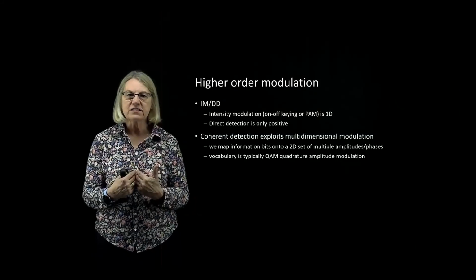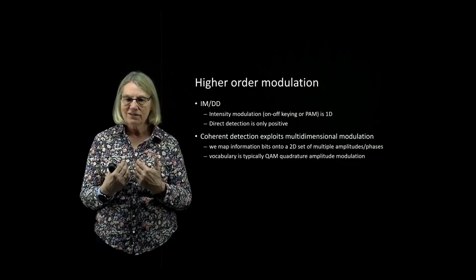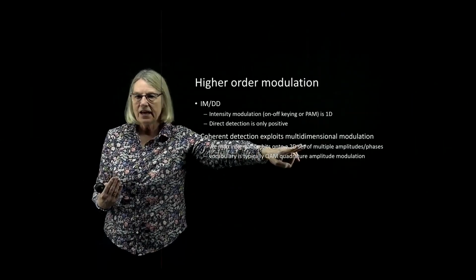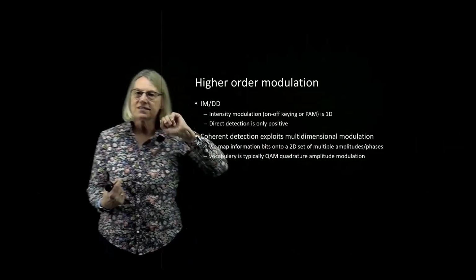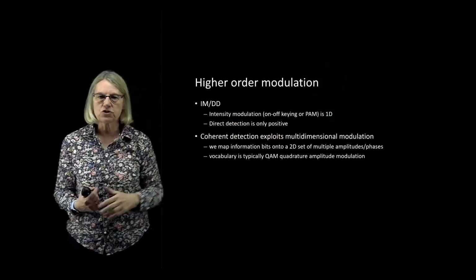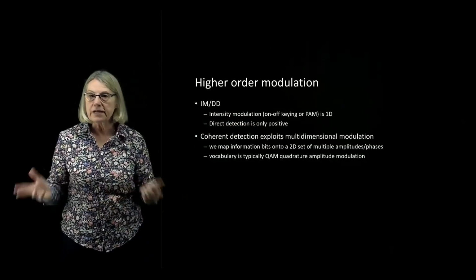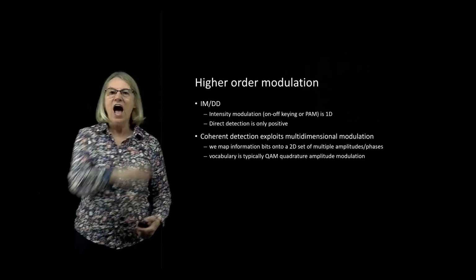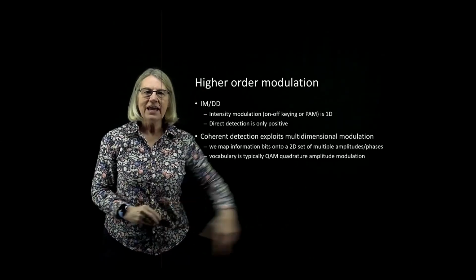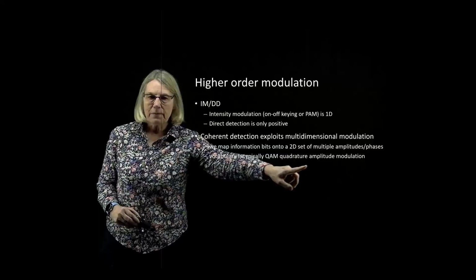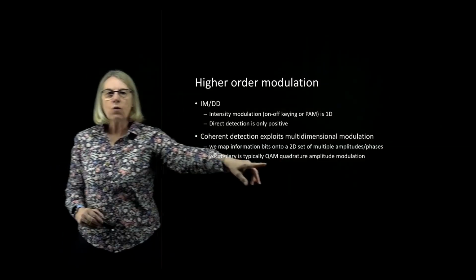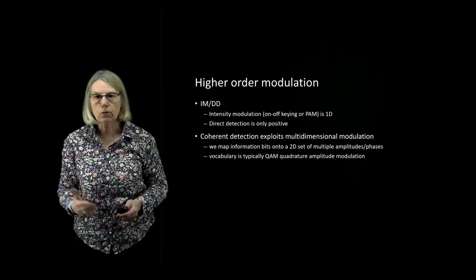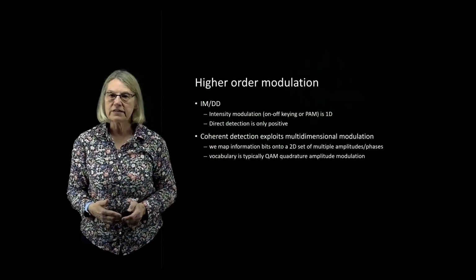So when I say that you can do theoretically more with coherent detection, it's basically due to this change from one-dimensional to two-dimensional manipulations. So the vocabulary we use for this higher order modulation in 2Ds, in two dimensions, is Quadrature Amplitude Modulation, or QAM modulations.